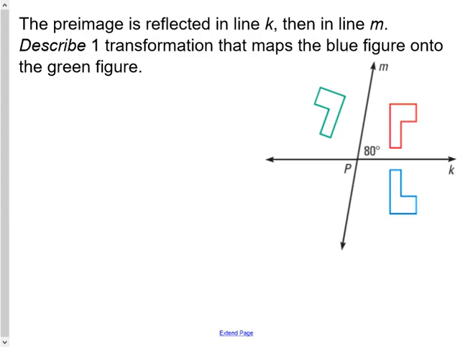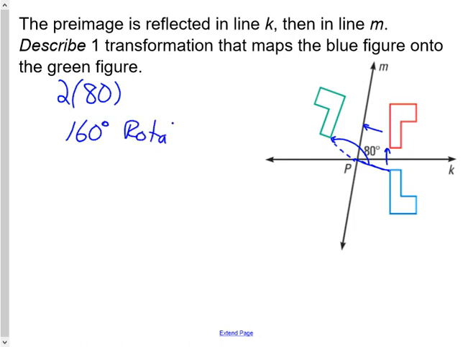So basically, we're just doubling. In this case, they're saying this shape was reflected over this line and then reflected again over this line. What would the equivalent rotation be? If they called it a rotation instead, we do 2 times 80 to get a 160-degree rotation, which is equivalent to this double reflection.